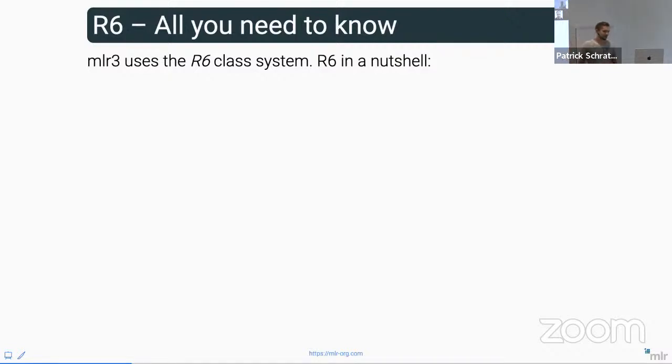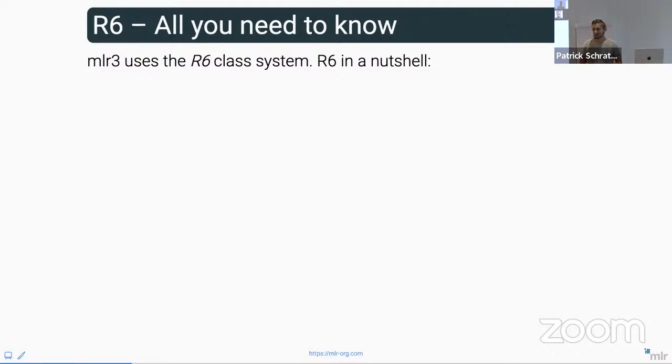Before I start, I want to mention that there are recent developments for a new class system called R7 that is being developed by multiple stakeholders in the R community, like the R Consortium, RStudio, and many others. They try to harmonize things so that it's easier to use, like R6, but also more powerful than S3, which is the old and usual class system that many people use.